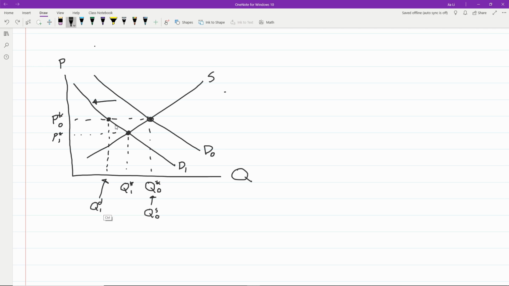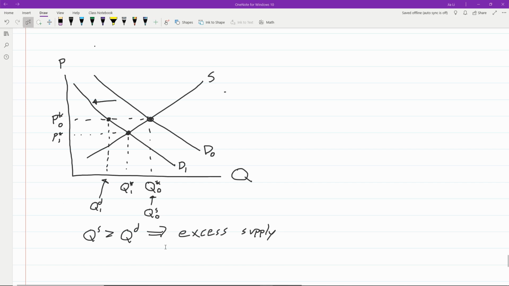Actually, that should be labeled 1, because we're taking a look at demand curve 1 here. So this is the new quantity demanded. So we can see here quantity supplied is bigger than quantity demanded, which, as we know from before, means this is excess supply.